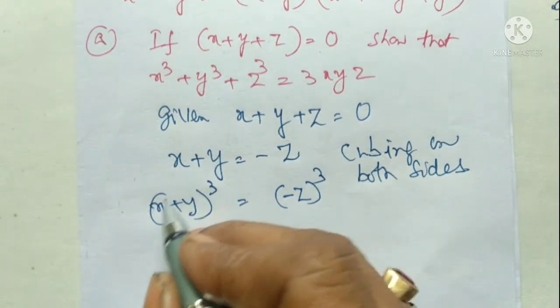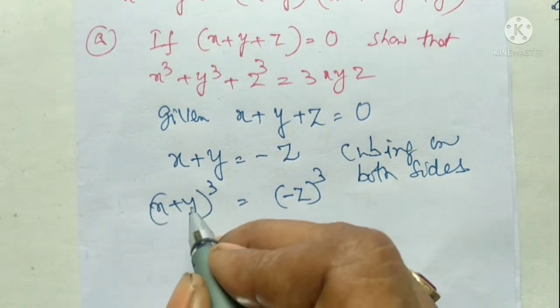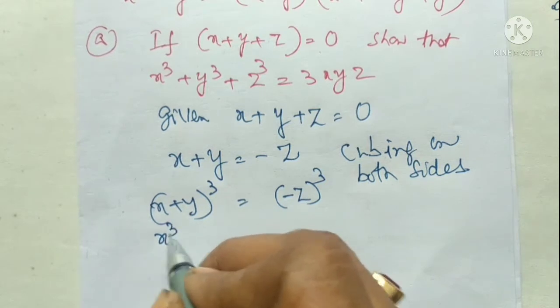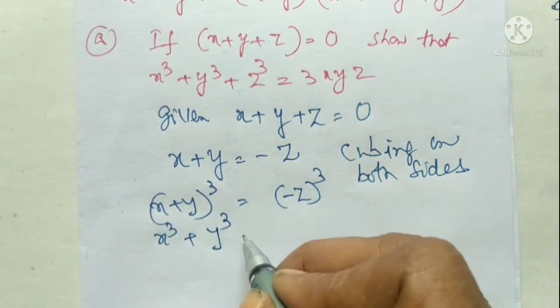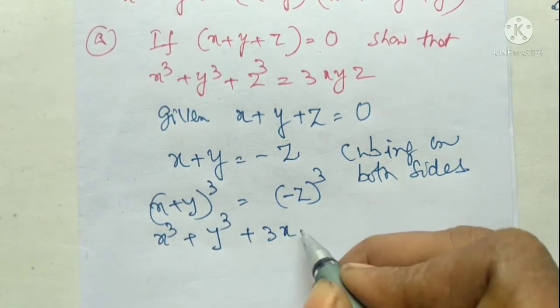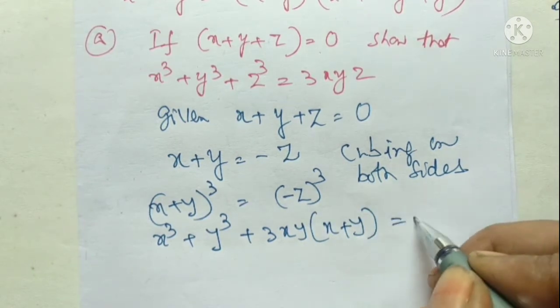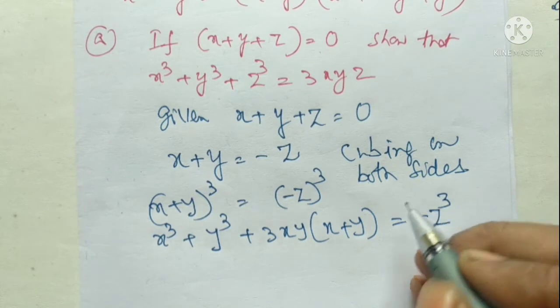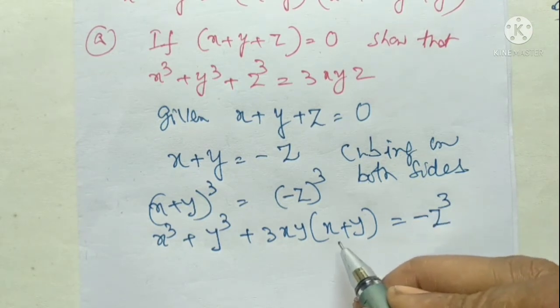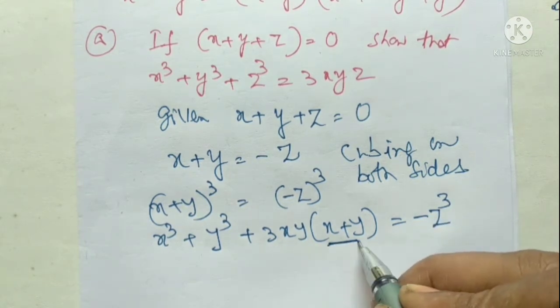Now I am writing the expansion form of x plus y whole cube. This is x cube plus y cube plus 3xy into x plus y is equal to minus z cube. Now, I am substituting the value of x plus y.